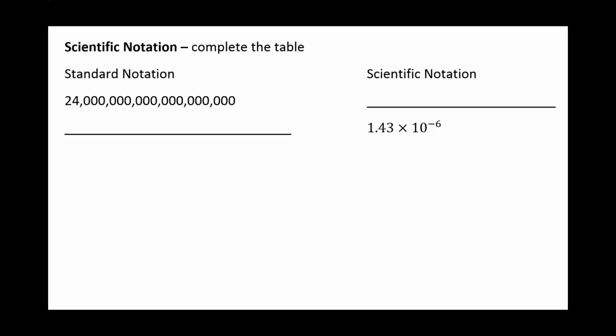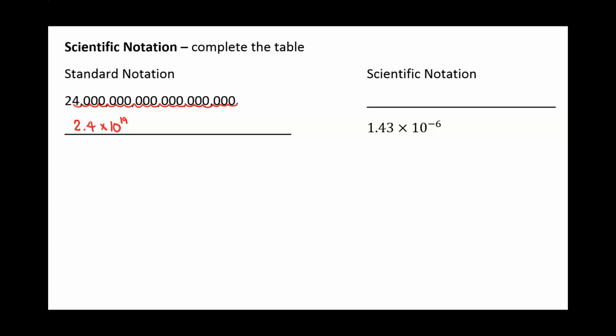So I would have to write that as 2.4 in order for that first digit to be between 1 and 9. All right, so that means that my decimal was here at the end of my number, and I have moved it all the way up here in between the 2 and the 4. So I need to count how many decimal places that is.